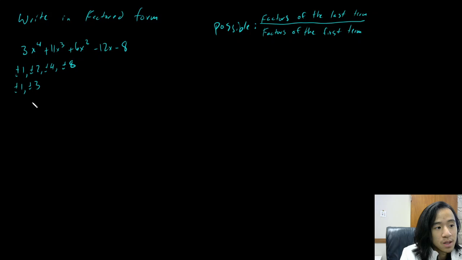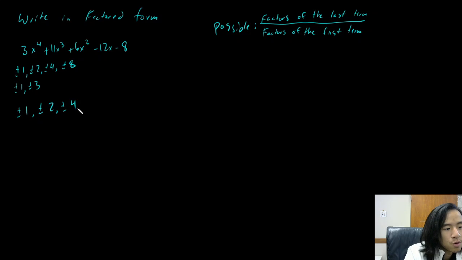Now, we have to make the list. We're going to take all the factors of the last term, and we're going to divide them all by all of the factors of the first term. The way I do this is kind of like a combination. I just go down the line. So first we have plus minus 1 over 1, it's 1. Plus minus 2 over 1, plus minus 4 over 1, plus minus 8 over 1.